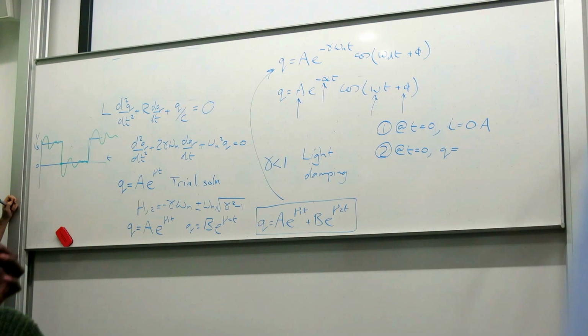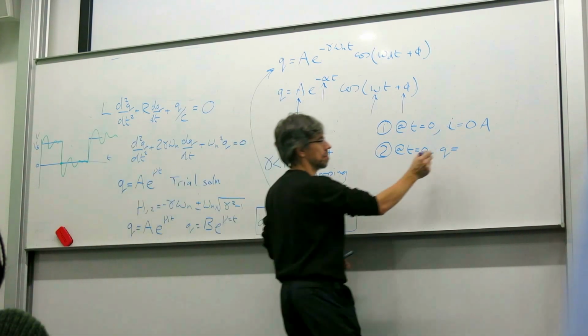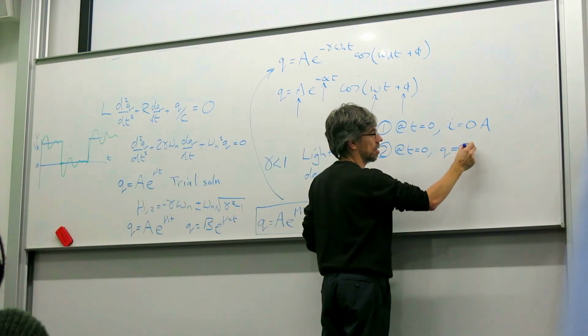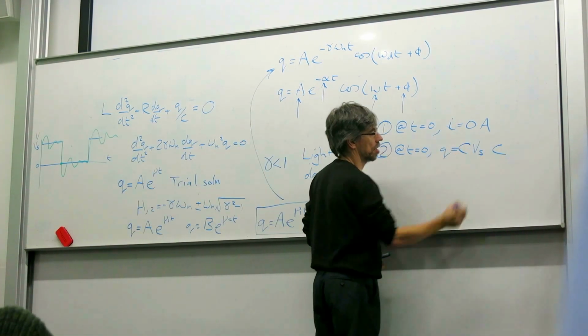If there's no current flowing, the voltage across the resistor is 0, and if the current isn't changing, the voltage across the inductor is 0. So if the entire applied Vs is across the capacitor, that means initial charge is C times Vs, that's in coulombs.